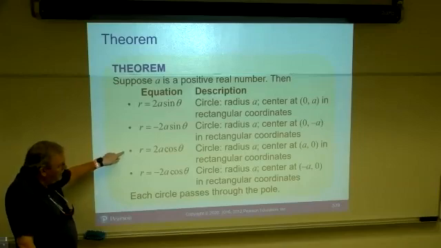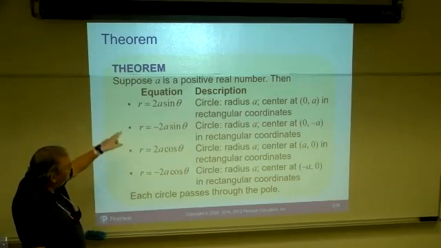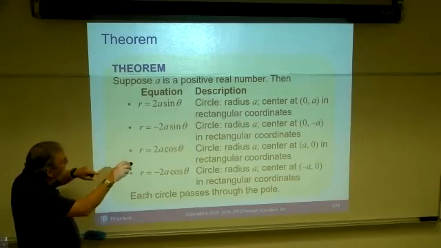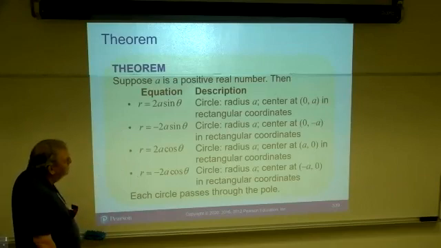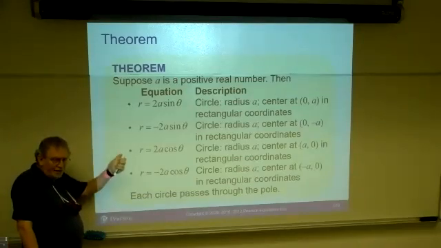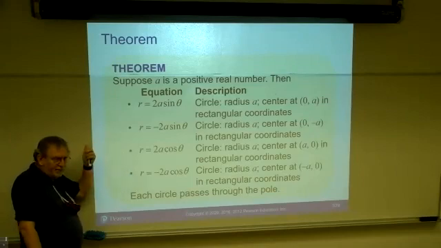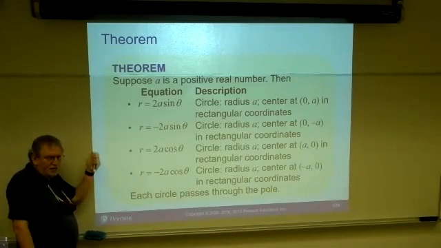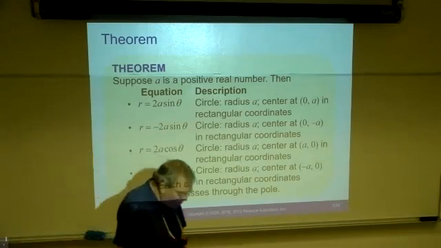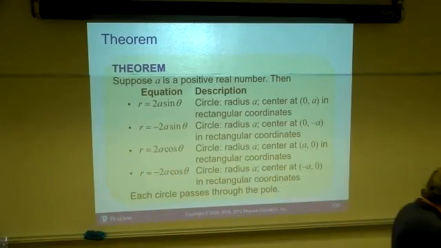And with the cosine, you have the same thing. And all of these deal with a being a positive real number, okay? So that one that said 4 cosine theta, it's going to be 2 times 2 cosine theta, and the one with -4 cosine theta is 2 times a negative 2 cosine theta, where the 2 is the radius.